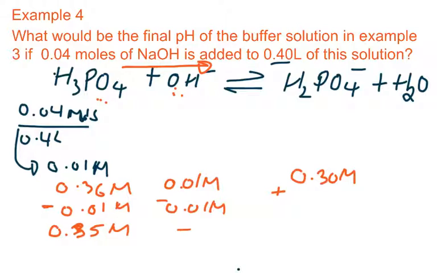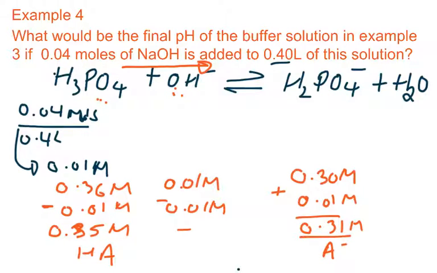How much more are we going to produce? Since the mole ratios are equivalent, we will produce 0.01 more of H2PO4 minus, and that's going to give us 0.31 big M. So now, what do we have? We have our HA value now as 0.35. We have our A minus value as 0.31.